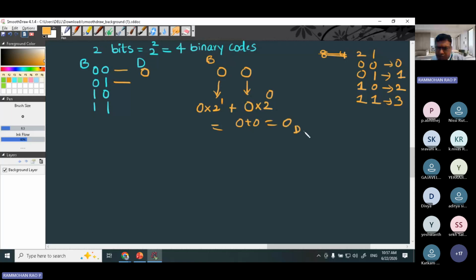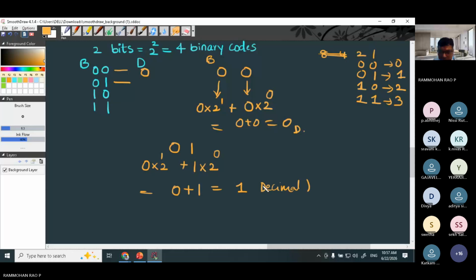This is decimal value, right? Decimal 0. Now similarly for 0, 1, what is the answer? 1 into 2 power 0 plus 0 into 2 power 1. Anything power 0 is 1. 1 into 1 is 1 plus 2 power 1 is 2, but 2 into 0 is 0. Answer is 1. This is decimal value, sir. Decimal 1. Means 0, 1 in the binary form is nothing but a decimal 1.